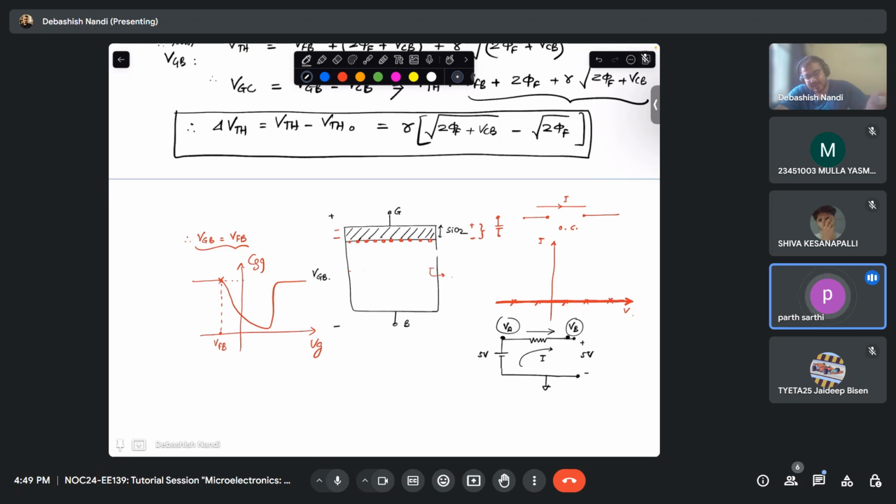Is any circuit possible where this 5 volts doesn't appear, other than 5 volts in the open circuit condition? You can charge a capacitor, right?